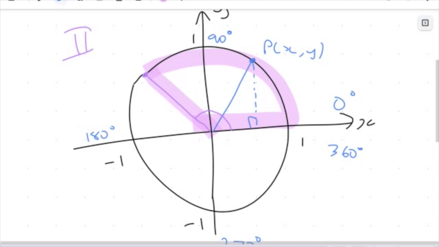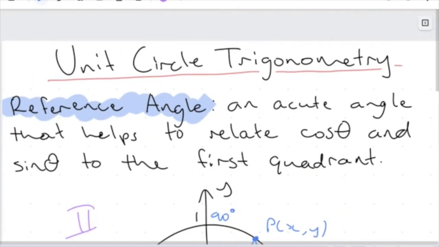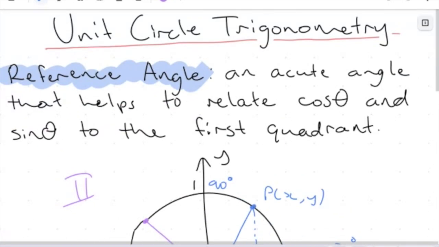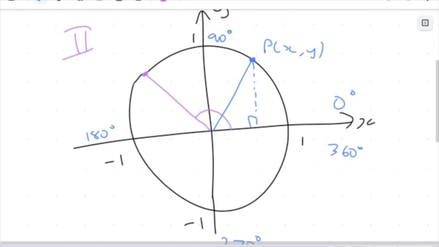I can't relate trigonometry back to its most basic form, which is a right angle triangle. And as crazy as this topic gets, we're always going to look at this unit circle trigonometry through the lens of right angle triangles. So we're going to think, how can we construct a right angle triangle in my second quadrant here? Well, we can actually just draw a line down to here, and this is once again going to be a right angle triangle.